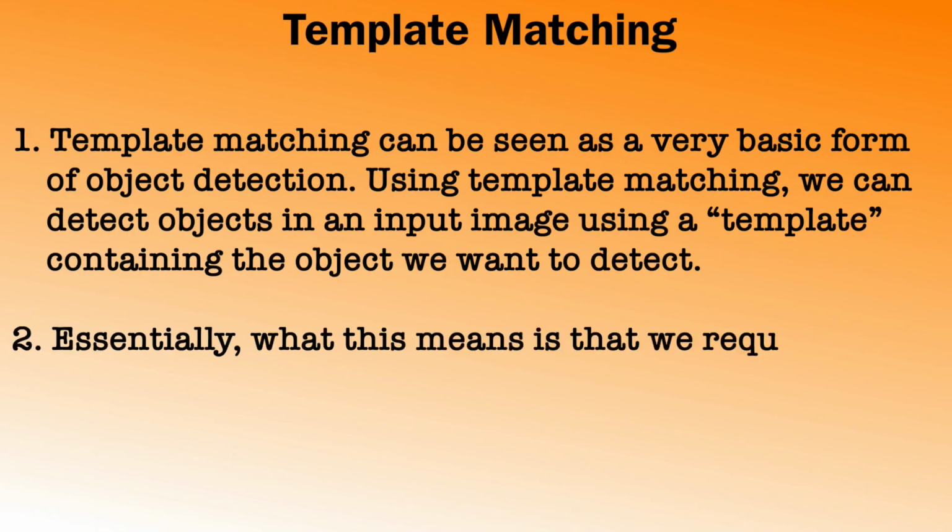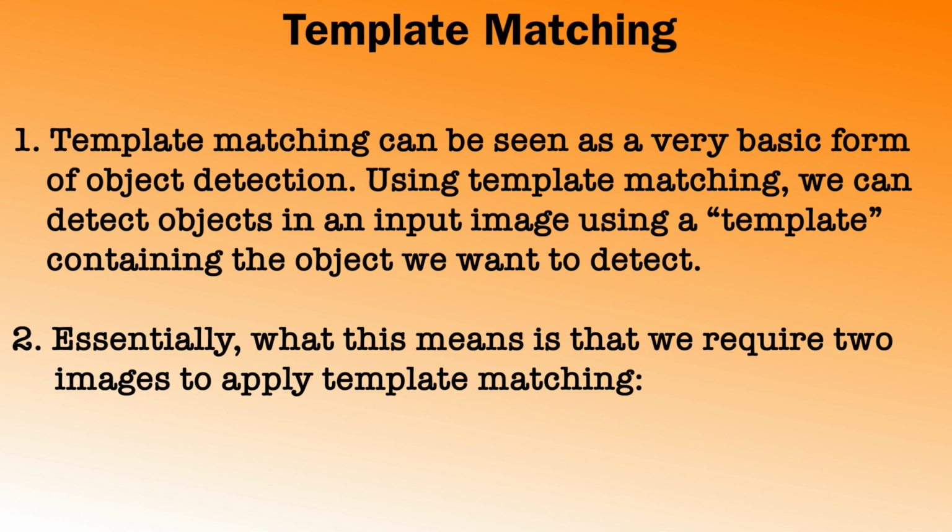Template matching can be seen as a very basic form of object detection. Using template matching, we can detect an object in an input image using a template containing the object we want to detect. Only that template is going to be used for your required object. Essentially, what this means is that we require two images to apply template matching.